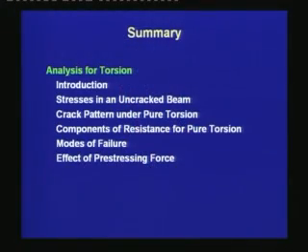Next, we studied the stresses in an uncracked beam. To understand the behavior of a reinforced concrete beam, first we studied the behavior of an uncracked beam, which can be considered to be homogeneous. The steel can be neglected before cracking. For an uncracked beam, we found that the shear stress that is generated due to pure torsion is maximum at the mid depth of the longer side, and if we increase the load, the principal stress is maximum at the mid depth of the longer side.